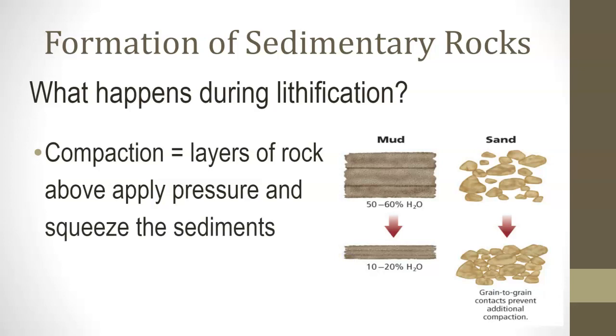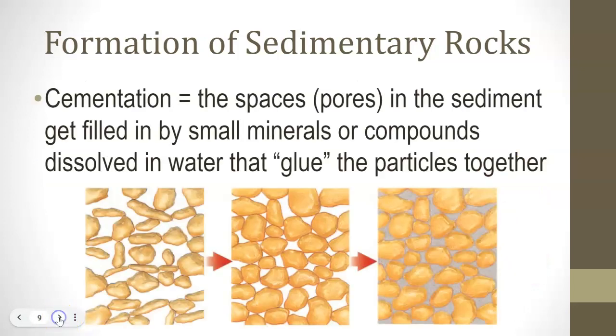It usually is from the weight of the material over top that squeezes it. And you can kind of see that in the picture. You're compressing it into as small an amount of space as possible, so you're getting rid of a lot of the extra air pockets between the sediments. Then once it's compacted, you have the process of cementing to actually get those sediments glued together.